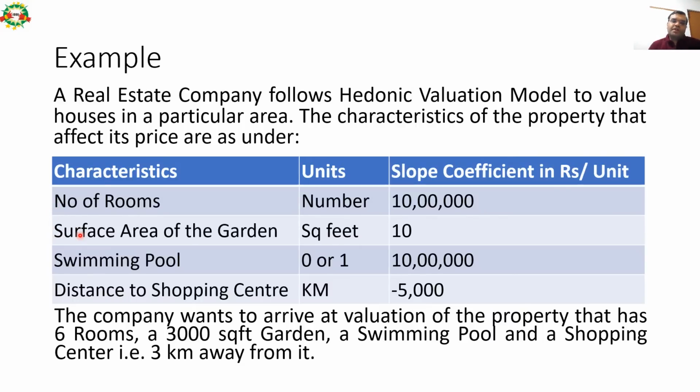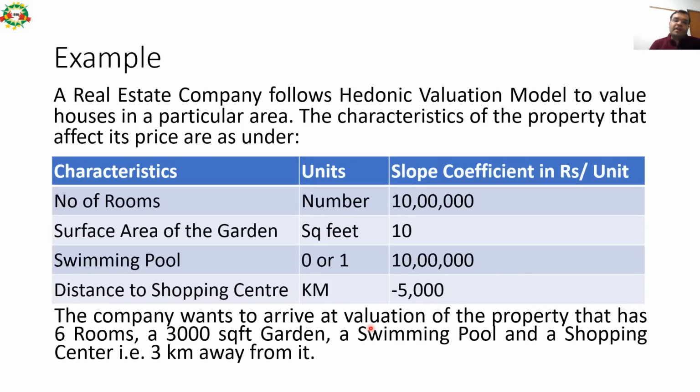Then surface area of the garden, the second characteristic, at rupees 10 per square feet slope coefficient. Then swimming pool, 10 lakh rupees per swimming pool is the slope coefficient. And distance to shopping center is minus 5,000 rupees per kilometer distance from the house.